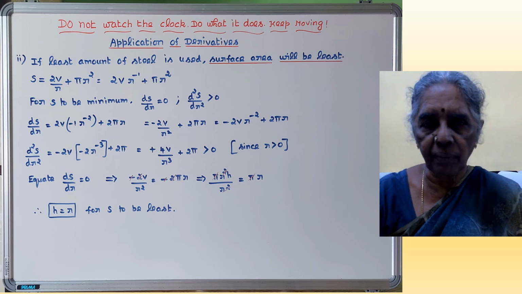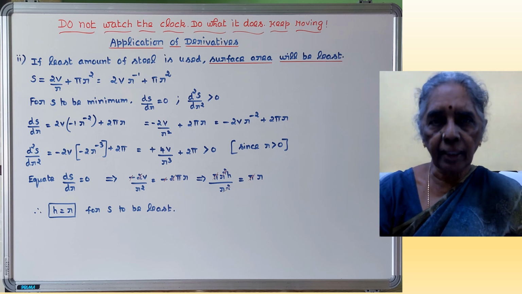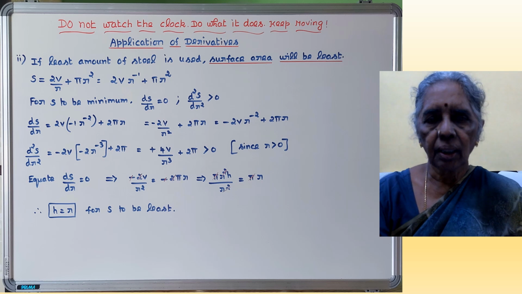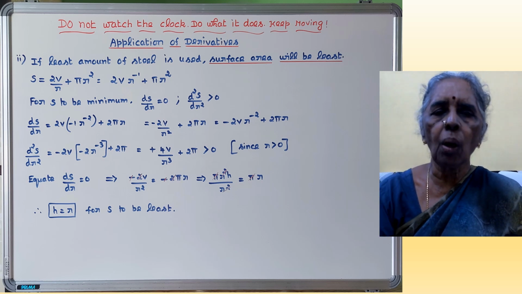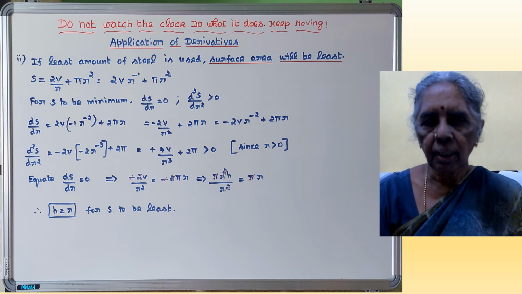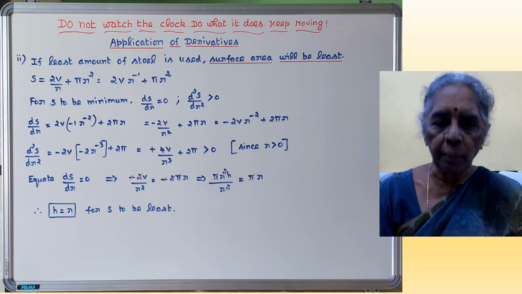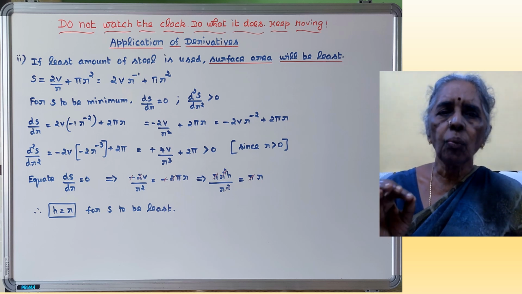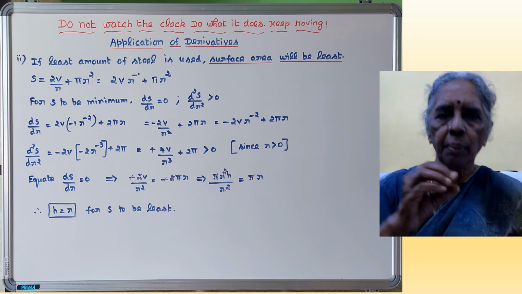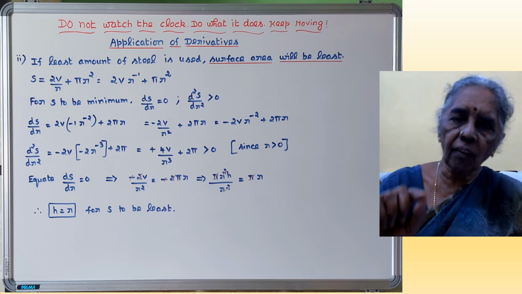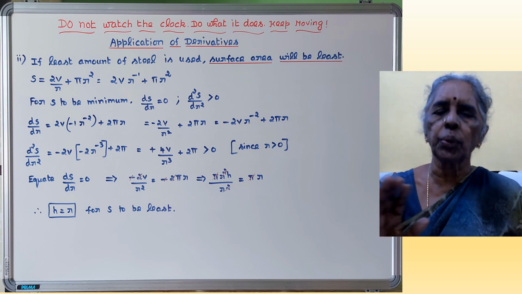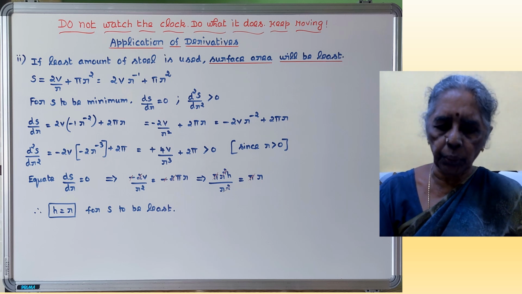In the second subdivision, we have to find the relation between r and h when the least amount of steel is used. Here, what is the concept? The important one is if you want to use the least amount of steel, the surface area of the drum should be least. This is the point you should note.